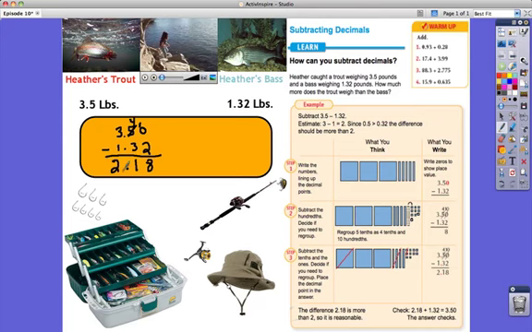All right, great. Now, if we go back to answering the question, and I'll make this a little bit smaller for us. How much more does the trout weigh than the bass?